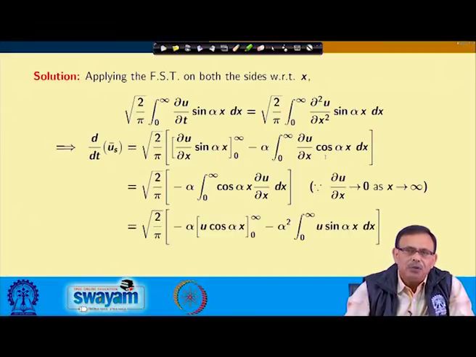Again use integration by parts. Here again the first term will vanish using the condition u approaches 0 as x approaches infinity, and you will obtain minus alpha square, and this integral is nothing but u bar s.